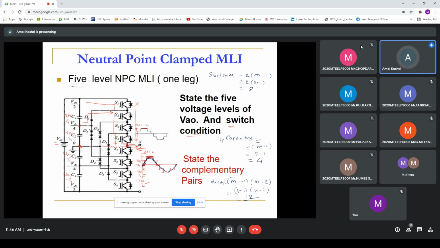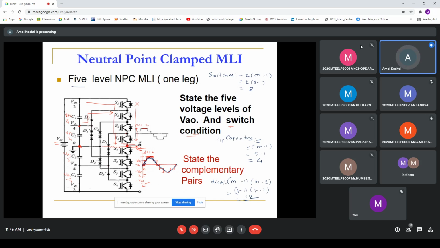So the rating of the S4 which we are using needs to be higher than the other switches, or we have to use other switches equivalent to that S4 switch. So the rating of the switches also needs to be very high, even though the switching combination is simpler, to sustain or produce a good output.